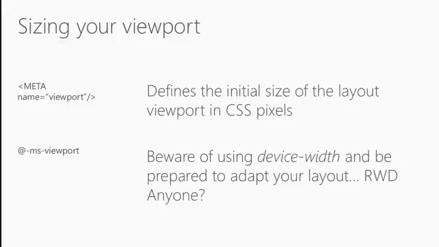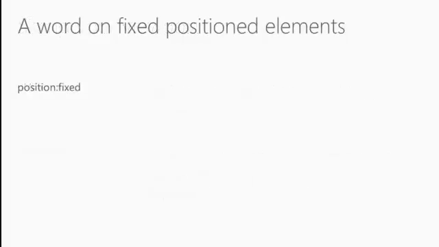So if you want to do responsive web design that actually uses the entire available display of the really beautiful high definition devices that we have available for Windows Phone, you need to use the second one. But you have to be prepared to adapt your layout as the user goes from device to device. If you don't want to do that, you can still use the old viewport, and the browser will do the rest for you. So you have the choice, and it depends on what kind of results you want.